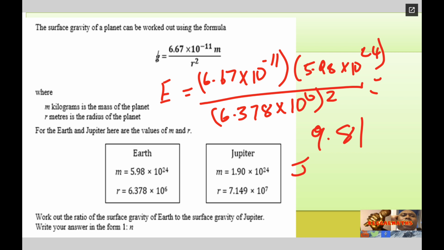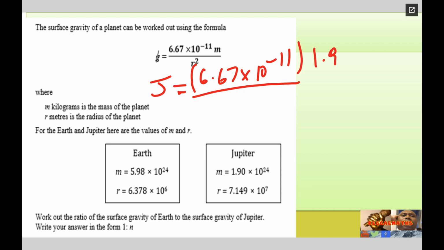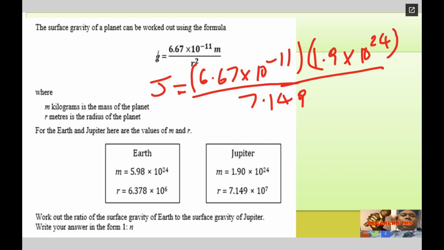So for Jupiter, that gives me 6.67 times 10 to the minus 11 times 1.9 times 10 to the power 24, all over 7.149 times 10 to the power 7, squared.